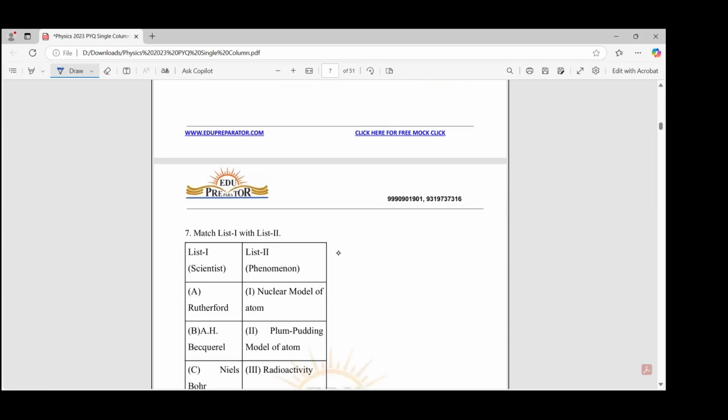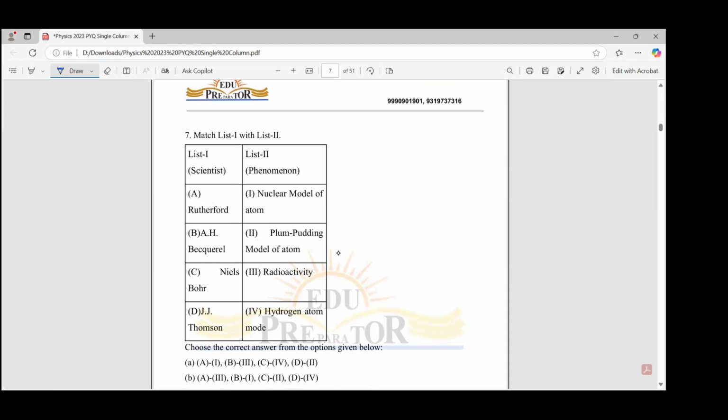Now let us move to question number 7. Now this is a history based question, the history of modern physics. So it has Rutherford, who gave the nuclear model of the atom, Henri Becquerel giving the concept of radioactivity, Niels Bohr giving the concept of the hydrogen atom, and Thomson giving the plum pudding model.